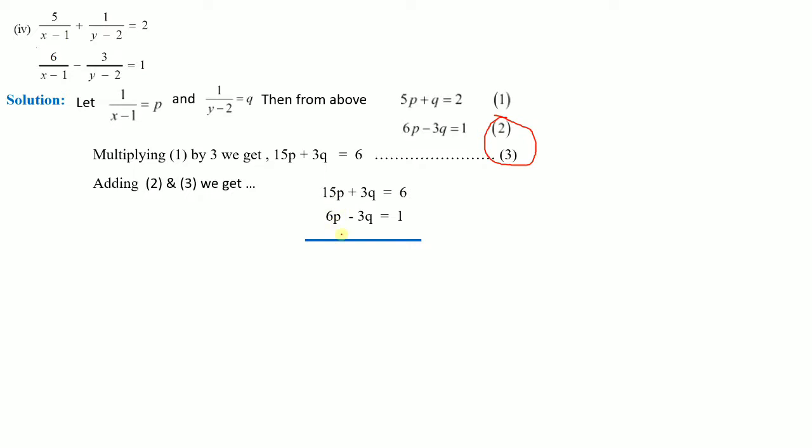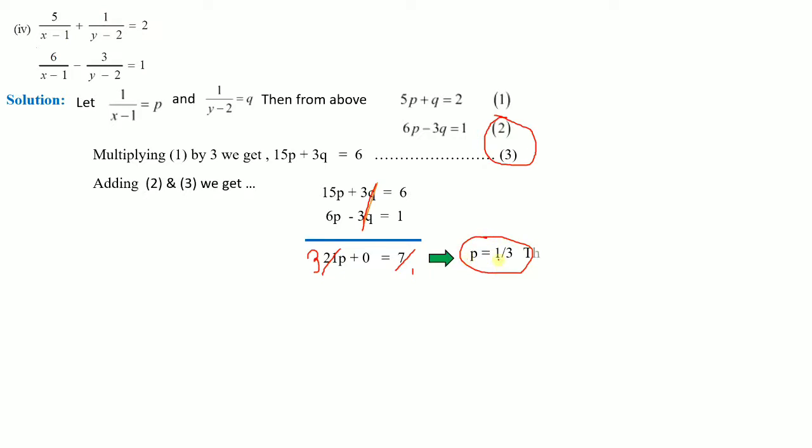So directly we do this. So the 3q will be cancelled. So we will have 15 plus 6, 21p, and 3q cancel, so 0, and 6 plus 1, 7. So 7 1 is 7 here and 7 3s are 21. So p will be equal to 1 upon 3. So we got the first result.